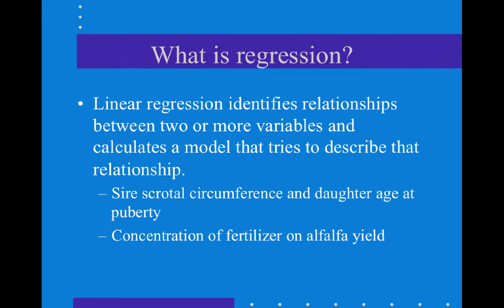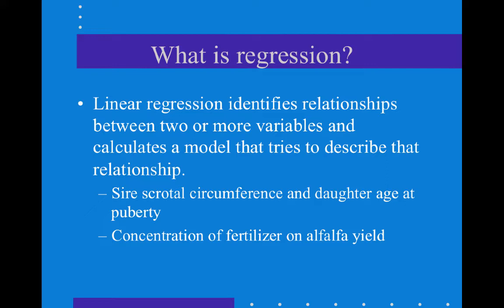So let's talk specifically about regression very quickly. Regression comes in many forms. The one that we're going to talk about today is linear regression. Linear regression identifies a relationship between two or more variables, and then we calculate a model that tries to describe that relationship.